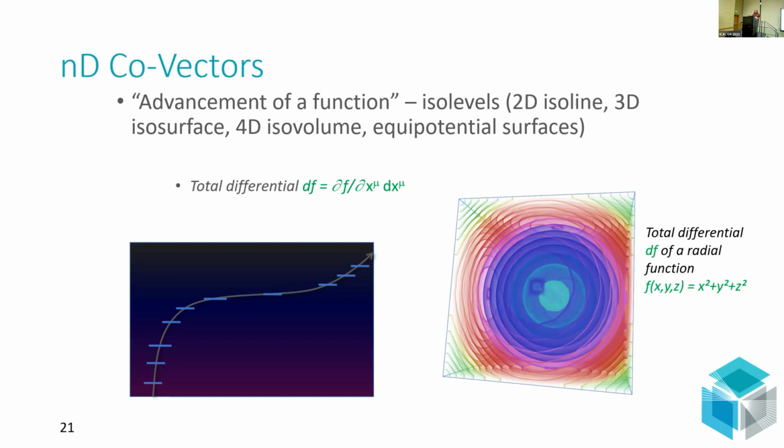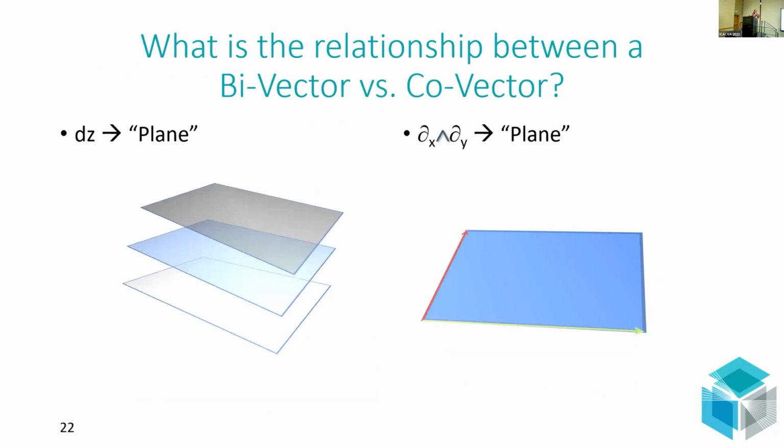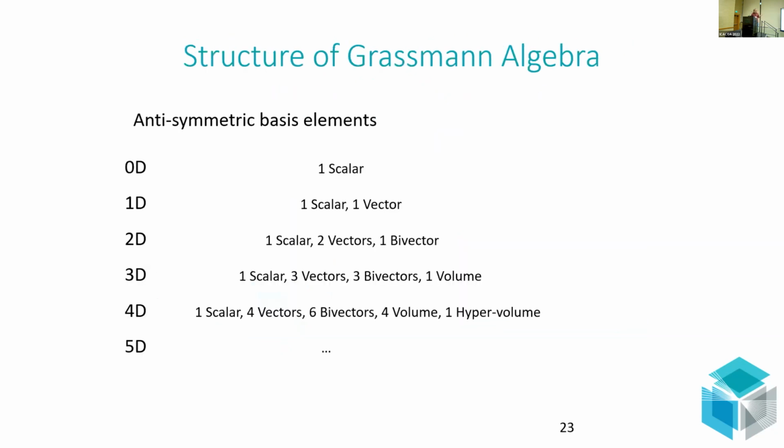So a covector is basically imaginable as a little plane, but a bivector in geometric algebra is also a little plane. And if you come from that direction, you can think what is actually the difference between the dz and the bi-tangent vector, which is also a plane. Is it the same object, or are they just looking the same? And this is the question that I was wondering about: how is it similar? How is it not similar?